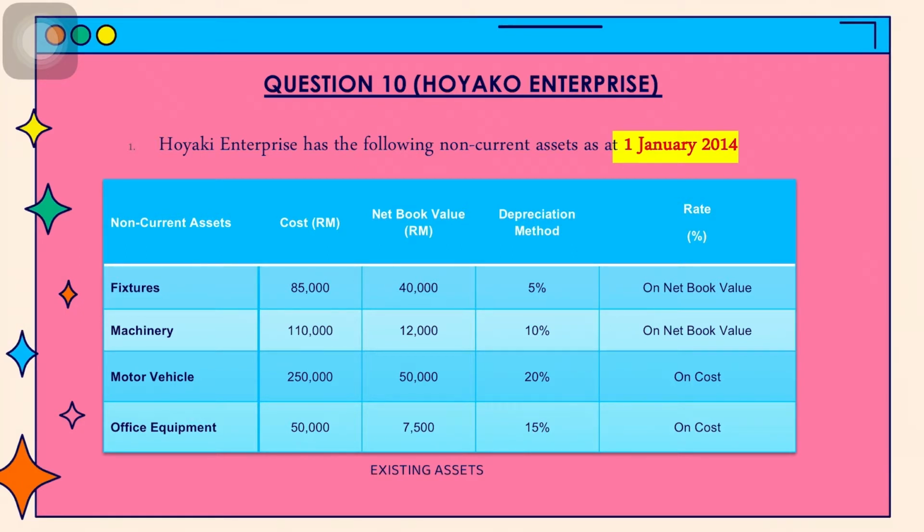Now, let's see the rates given. On the net book value, we have to use the reducing balance method to find the depreciation for non-current assets. And on cost, we have to use the straight line method.